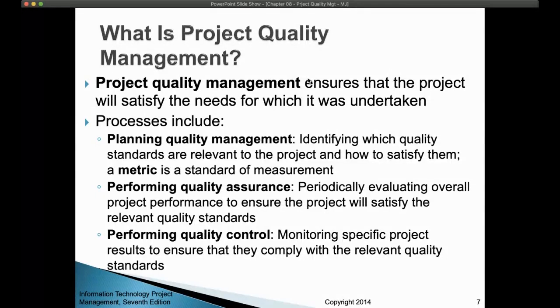And here we are talking about three main processes. The first is planning quality management, and it is about identifying which quality standards are relevant. You might follow ISO, you might follow the IEEE.